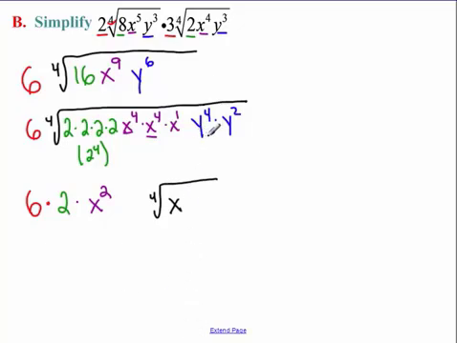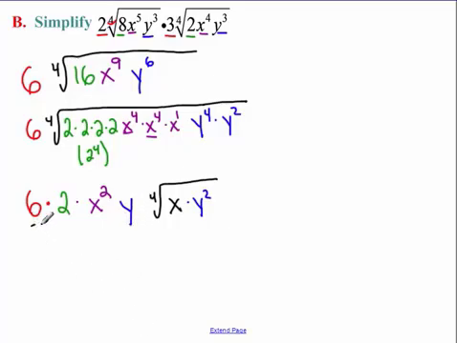Y to the 4th can be pulled out and become just regular old y. I have a y squared still left over underneath my radical. There's one thing that a lot of people forget. Remember, when the index is even and you simplify to an odd power, we're going to need to put absolute value signs over that y.